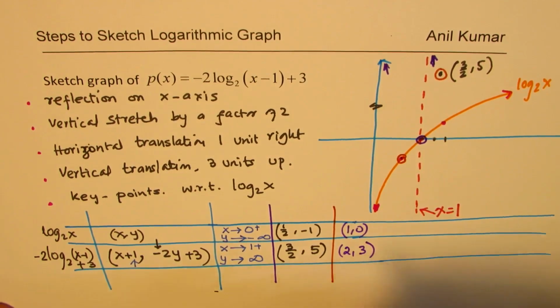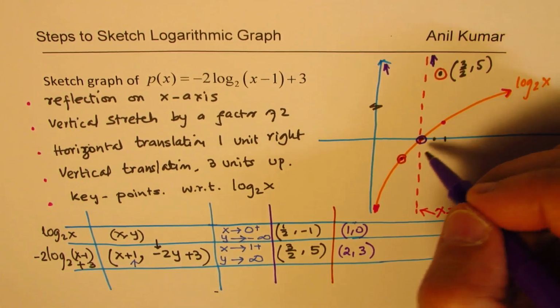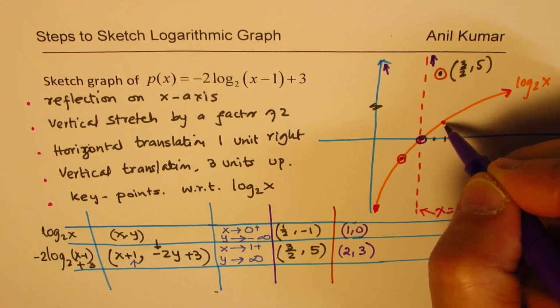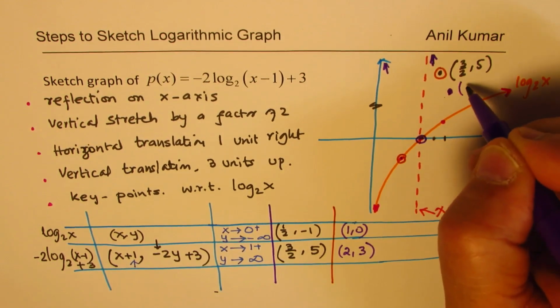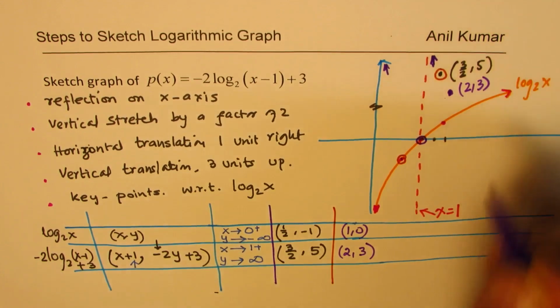Does it make sense to you? So this particular point now moves from (1, 0) to (2, 3), right? So somewhere here, right? So (2, 3). So here we have a point which is (2, 3). Perfect. That's your next point.